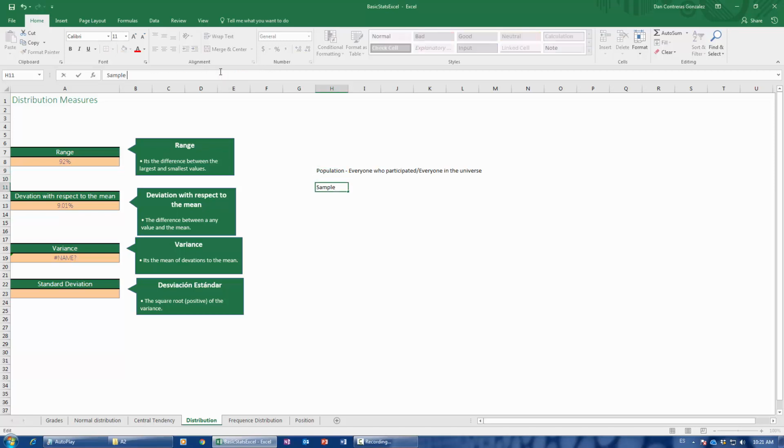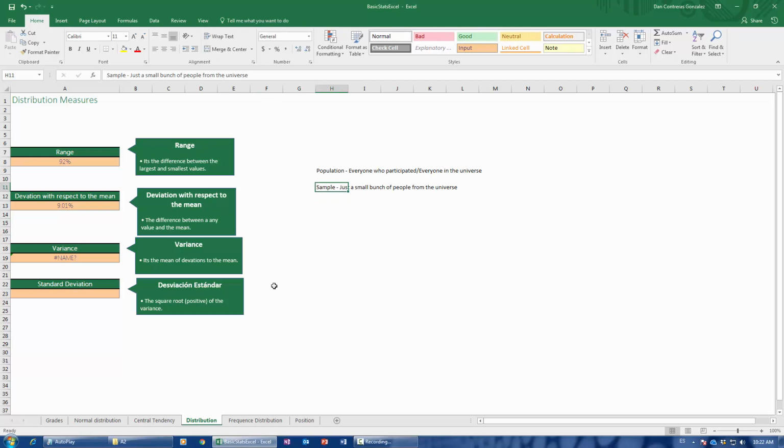Whereas the sample would be you grab just a small bunch of people that participated or that were in the universe, and you measure them and then say, all right, from this little small group of people, I can infer that the population behaves like this. So sample is just a small bunch of people from the universe.